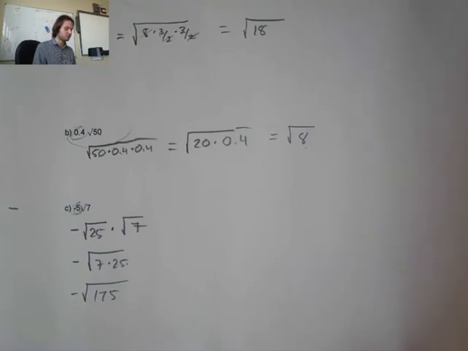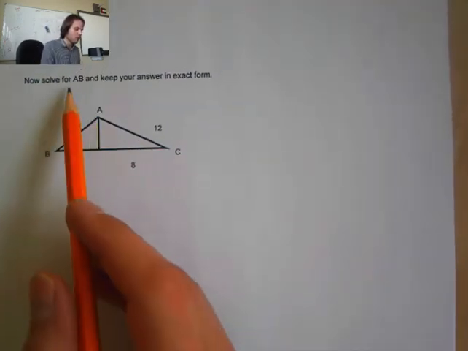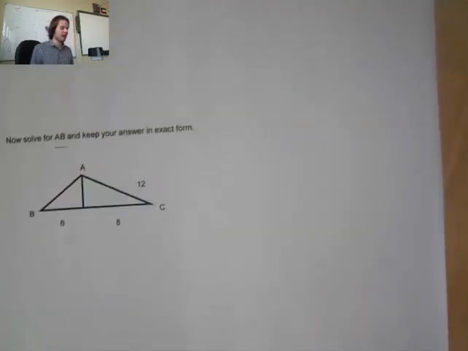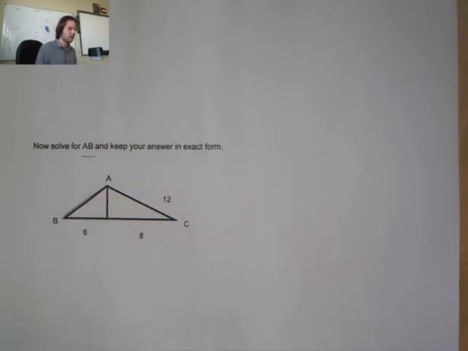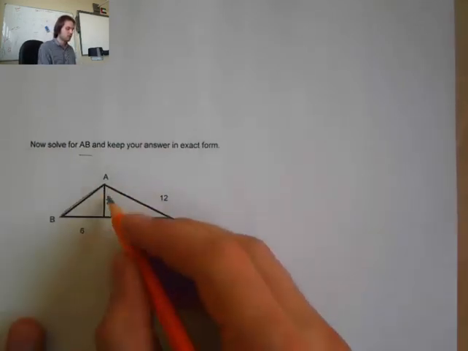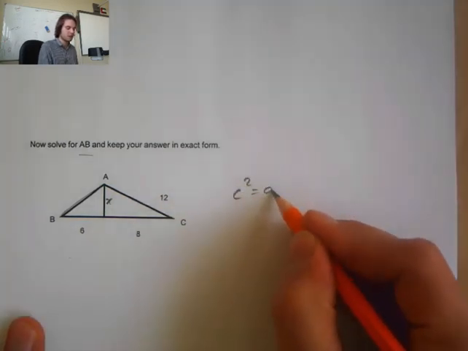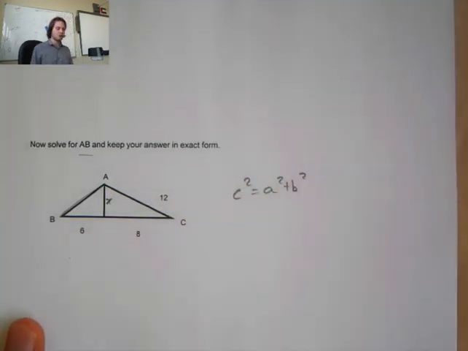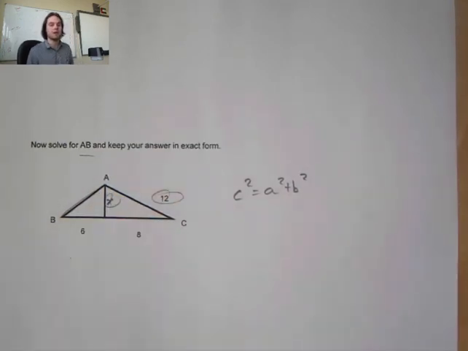And that's it. All right, so now it says solve for A and B and keep your answer in exact form. So we want to solve here for this side. Okay, my first problem is I do not know that. Okay, or we could say this is x. So we know the Pythagorean theorem is c squared is equal to a squared plus b squared. This here is my hypotenuse, so that is just going to be a side.